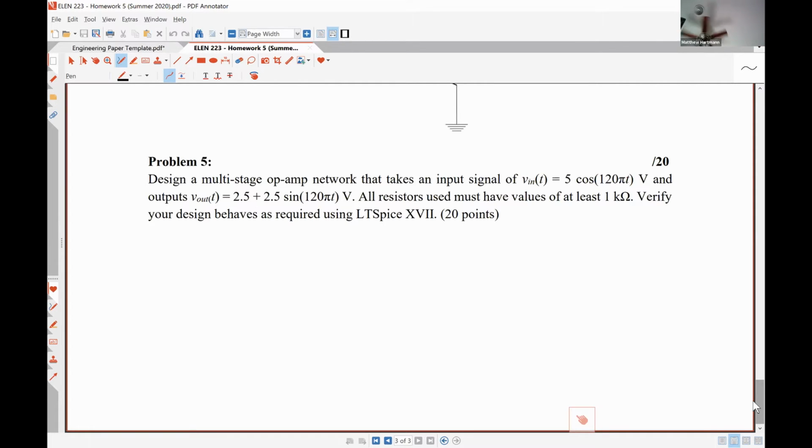So our input signal is over here, 5 cosine 120 pi t.